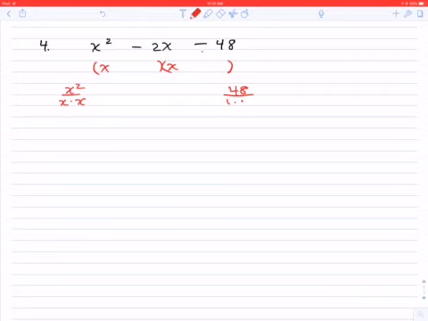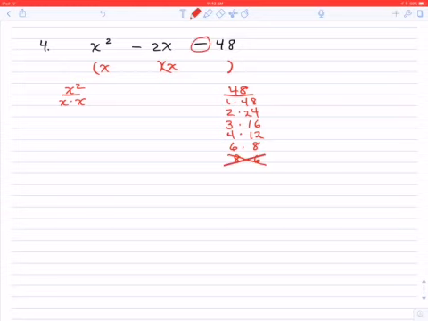I have 1 times 48, 2 times 24, 3 times 16, 4 times 12. Well, 5 doesn't go evenly into 48. 6 times 8. 7 doesn't go into 48, but 8 goes 6 times. So now the factors are repeating. So I've got them all.